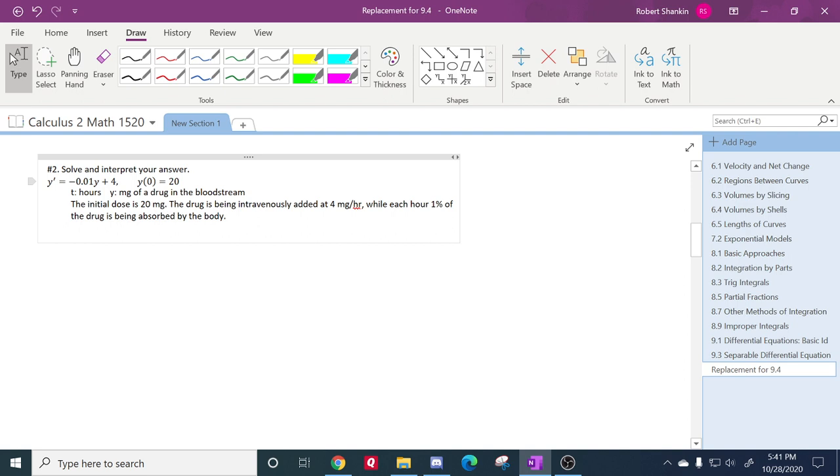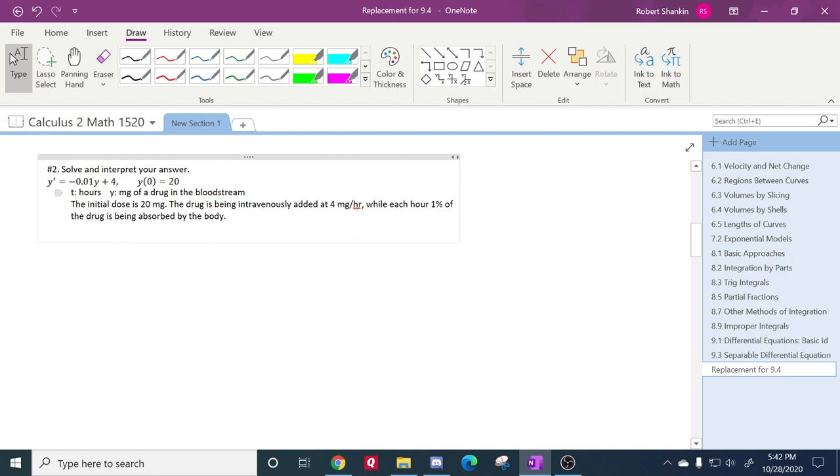That's what the plus 4 is, because remember, dy dx, y prime, the interpretation of that is the change in the output, so the change in milligrams of drugs every time the input increases by 1. So how much the milligrams of drugs is changing every time an hour goes by, provided we stay in the tangent line.